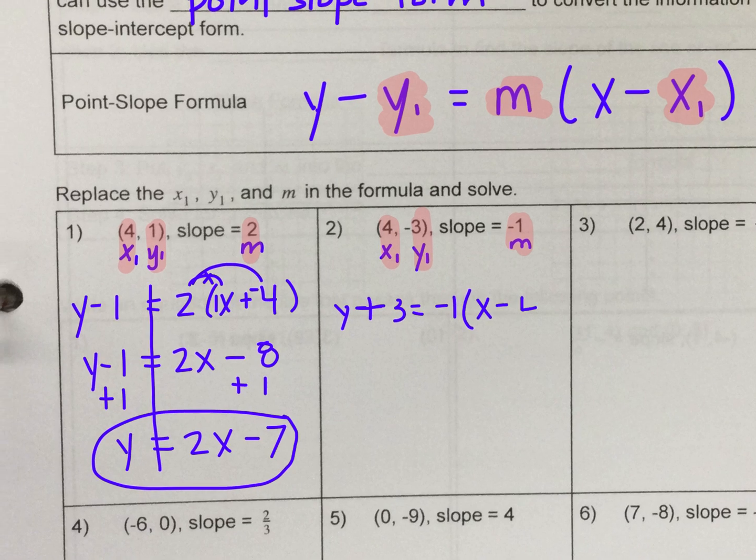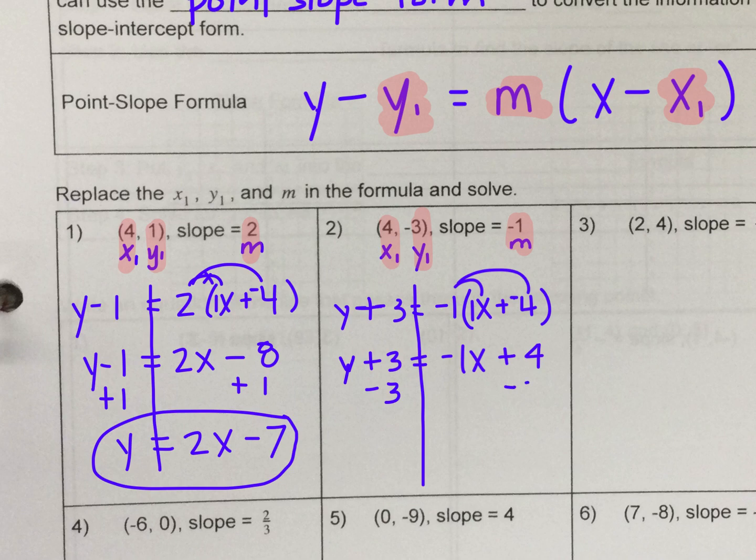Oops. And I'm going to close those parentheses. I can't do anything on the left side but copy it down. On the right side, I can distribute. Negative 1 times 1 is negative 1x. Negative 1 times negative 4 is positive 4. Now it's time to move that 3. I end up with y equals negative 1x, and 4 minus 3 is a 1. Then you can graph it.